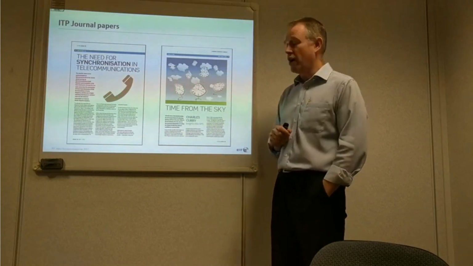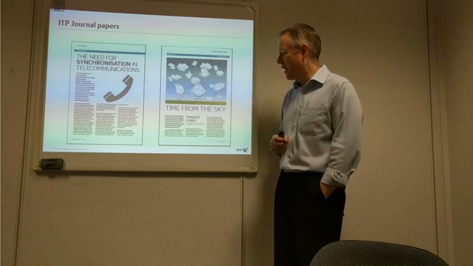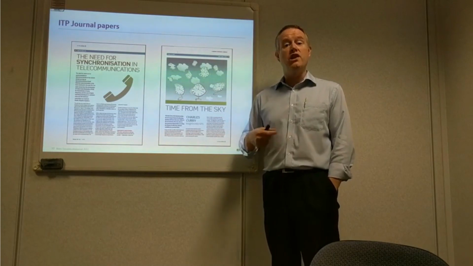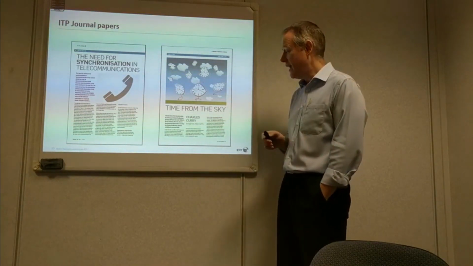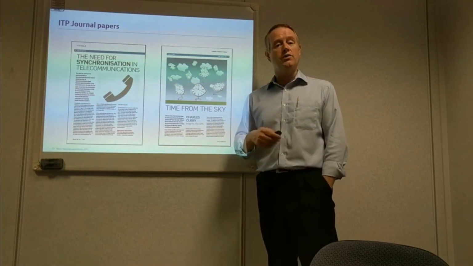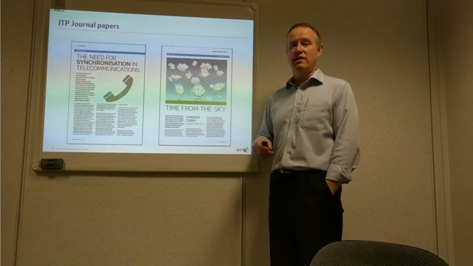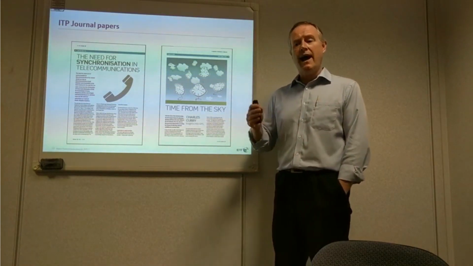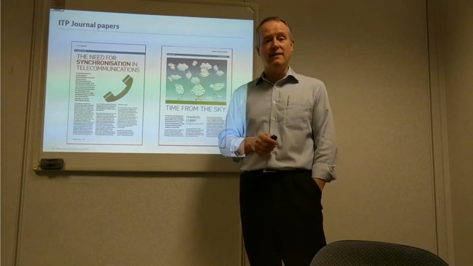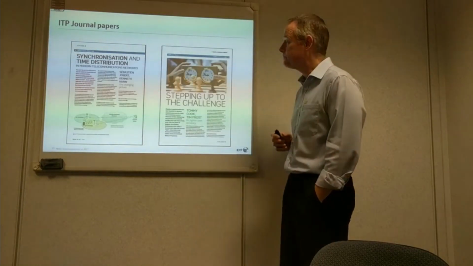We had a paper from Charles Curry titled Time from the Sky, that looked at the development of GPS and taking time from the GPS satellite constellation and its evolution, along with some of the challenges as well associated with GPS and similar GNSS systems, and a little bit about potentially mitigating that through other wireless technologies.